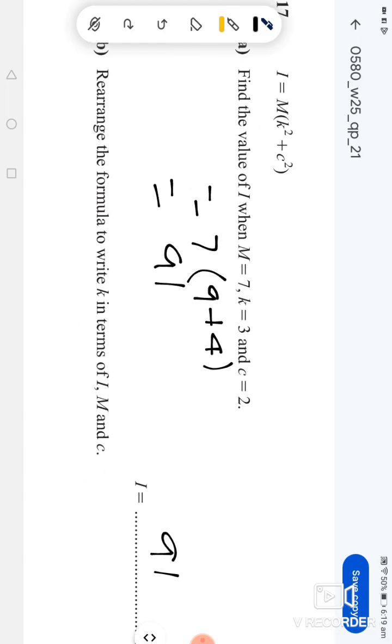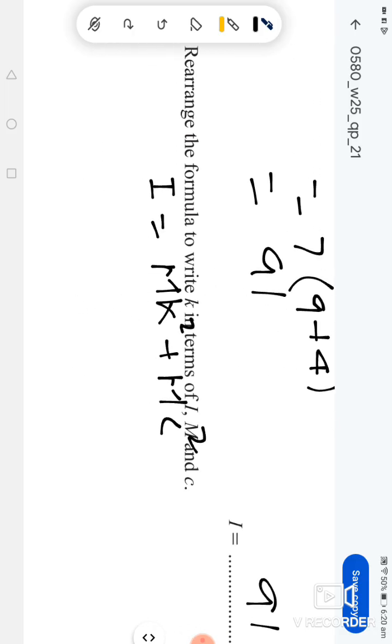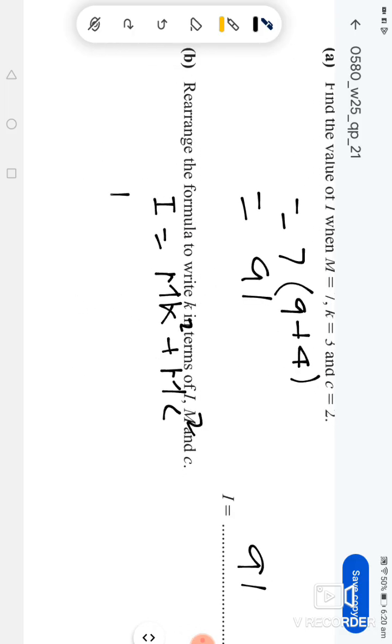Rearrange the formula. So I equals mk square plus mc square. So I minus mc square equal mk square.